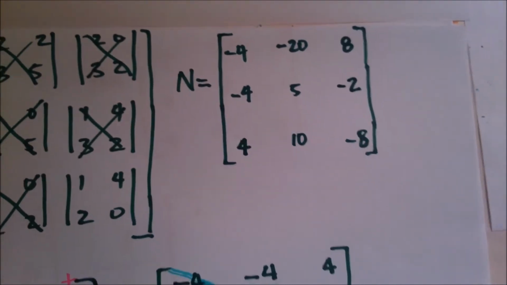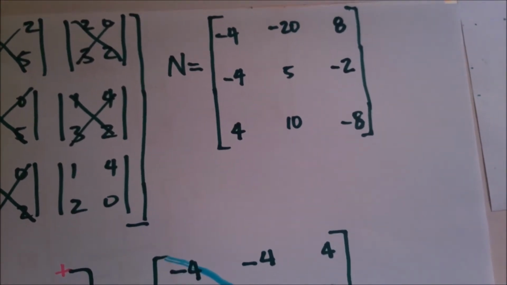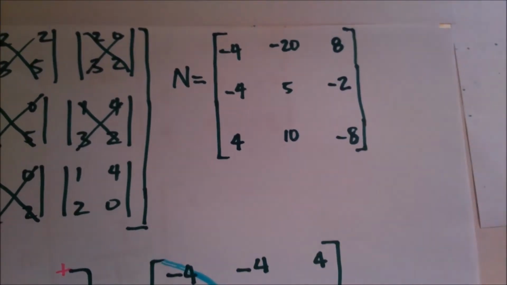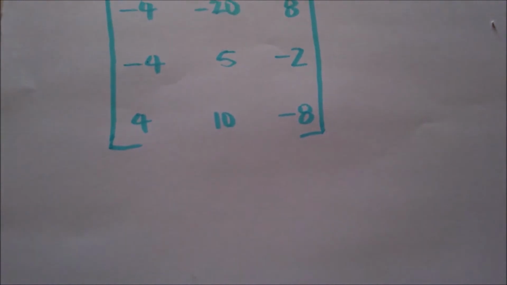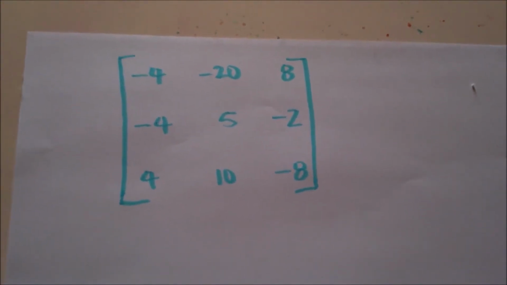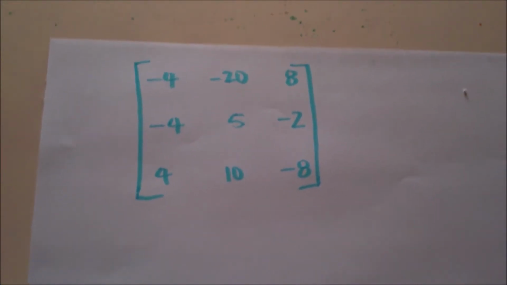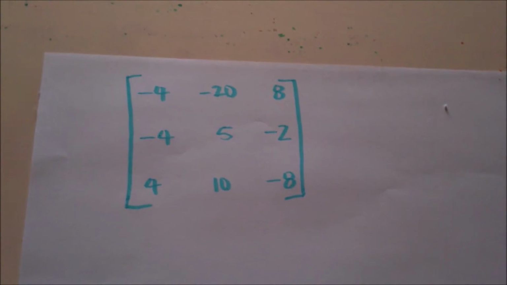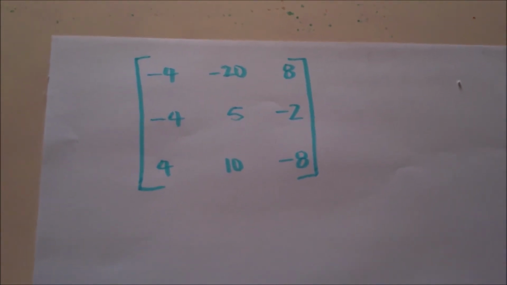Now we have our matrix, but we are not done yet because we still have to deal with the determinant. So we're just going to multiply our new matrix by the determinant that we found earlier, which was -20, and then we're done.